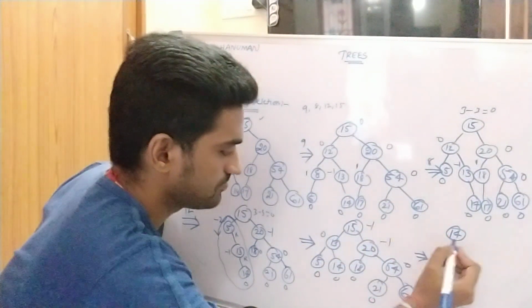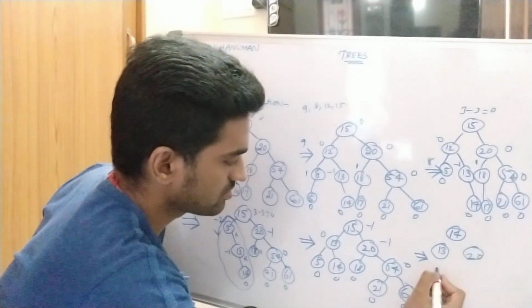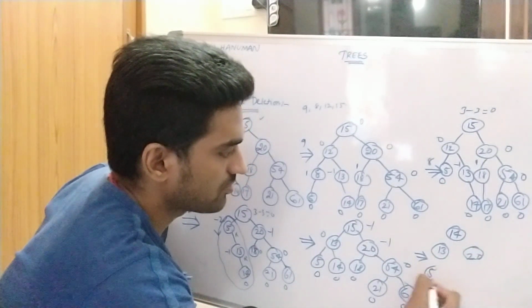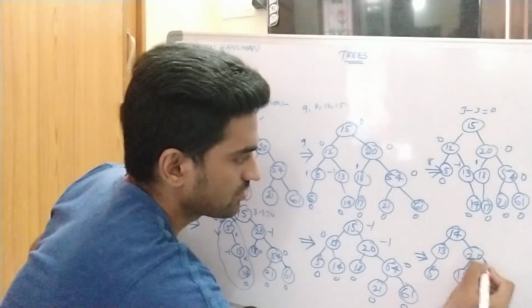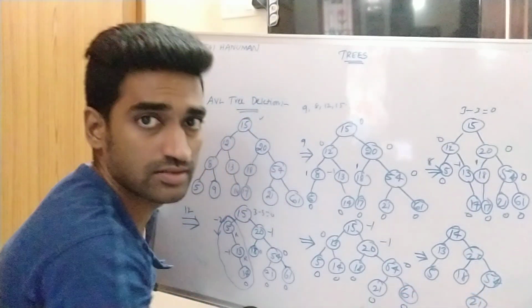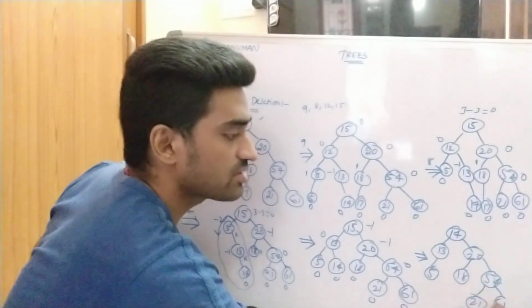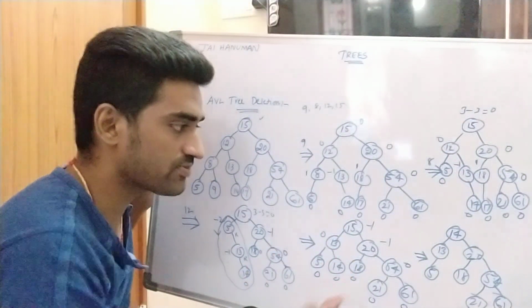So 14, 13, 20, 5, 18, 54, 21, 61. Again we are checking the balancing factor for each and every node. So the balancing factor property has been satisfied by this tree.